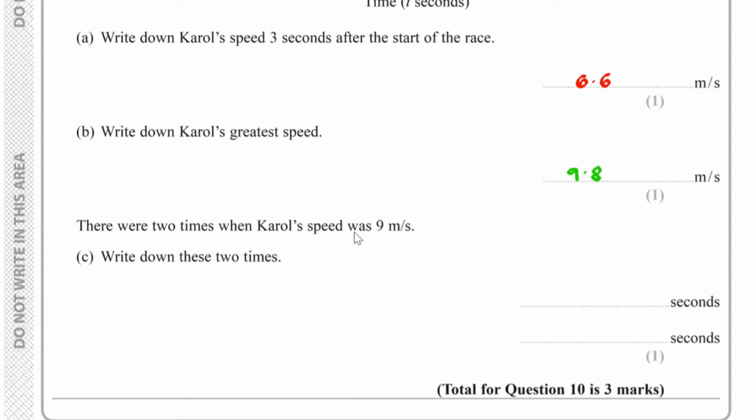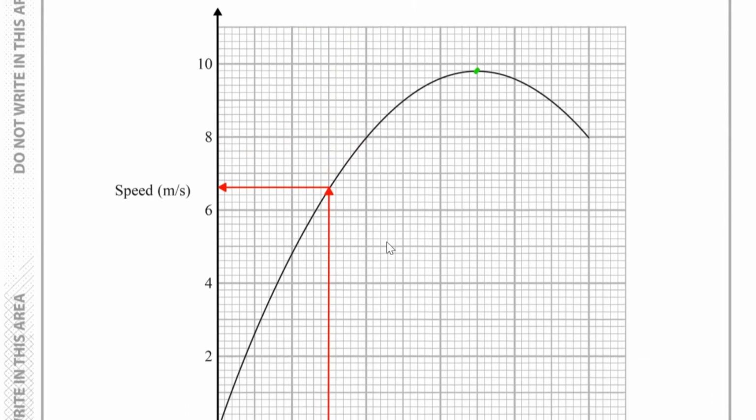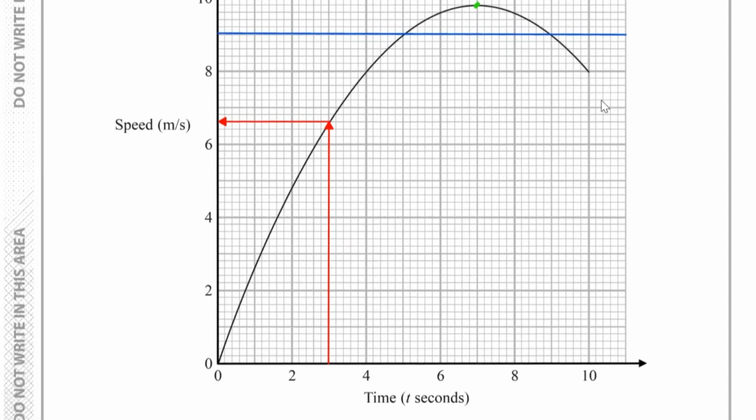Next, there were 2 times when Carol's speed was 9 meters per second. We have to write down these 2 times. Well, if I draw a horizontal line across from 9, what we need to do is read the corresponding times.